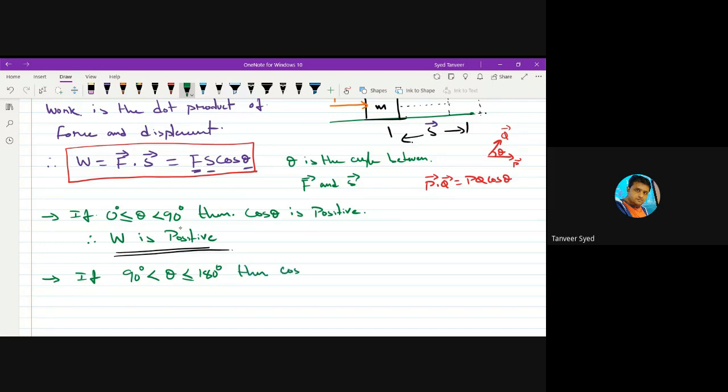In the second quadrant, cos theta is negative. That means work done is negative.